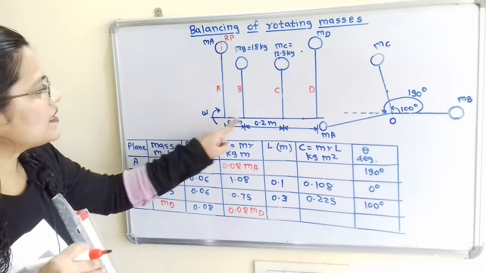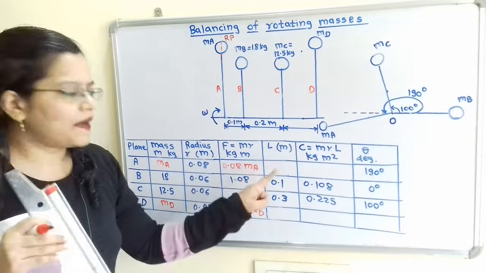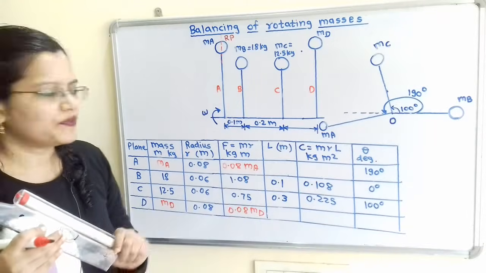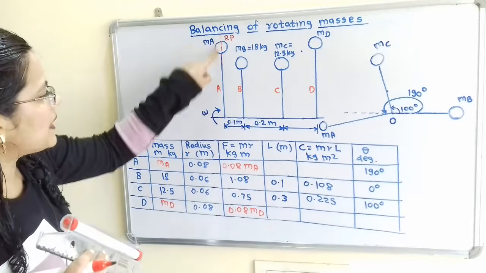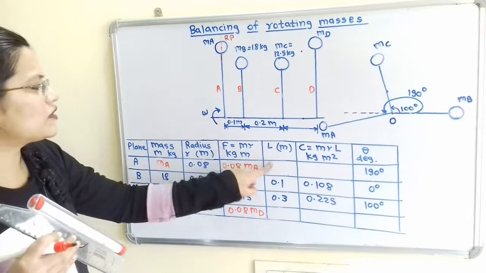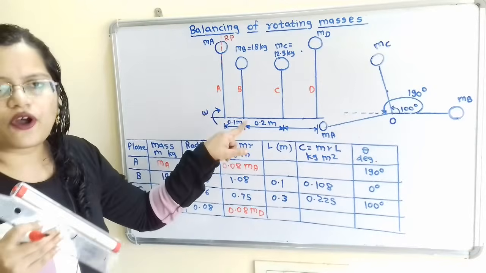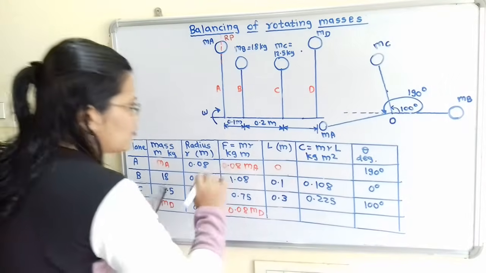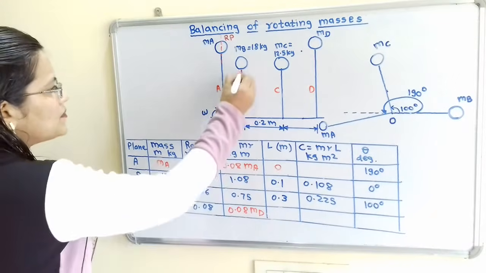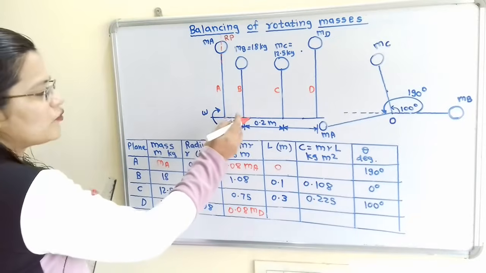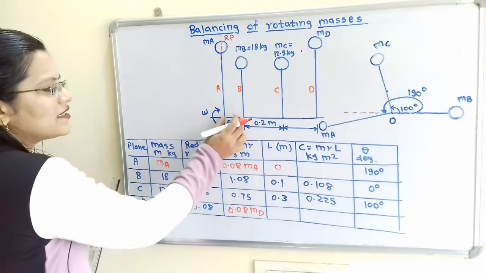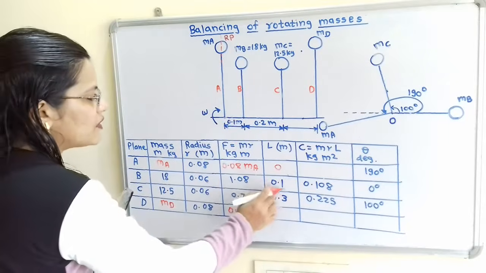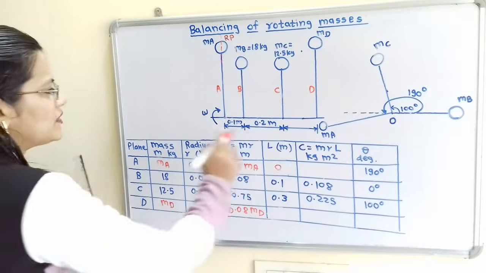Now the axial distance in between these different planes we have to mention in this column, and which is in meter. Now if we observe this plane A as a reference plane, so distance of this A from A is equal to 0. So we have to write here as a 0. Then the distance of this plane B from A, so we have to calculate the distance from this reference plane. So that is equal to 0.1 meter, and that is mentioned in question.